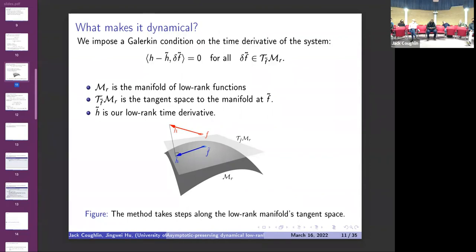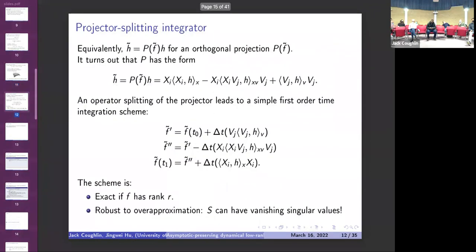You can write down an expression for what an arbitrary function in that tangent space is, and then you test against that to get your conditions. You do that analysis, but then you set it aside because you can show that the projection that you just performed has this form, and so this is the one that we actually use.